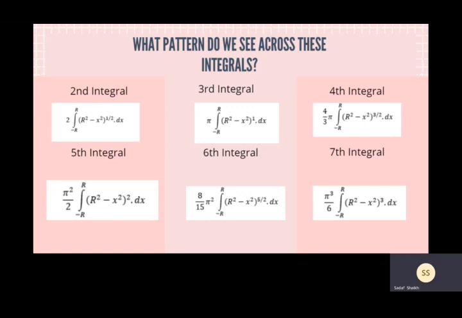the even and odd integrals. We have these constants in front of the integrals themselves, and if you look closely, we see that they are essentially the volume divided by the radius, the magnitude of the volume of the one less dimensional hypersphere.